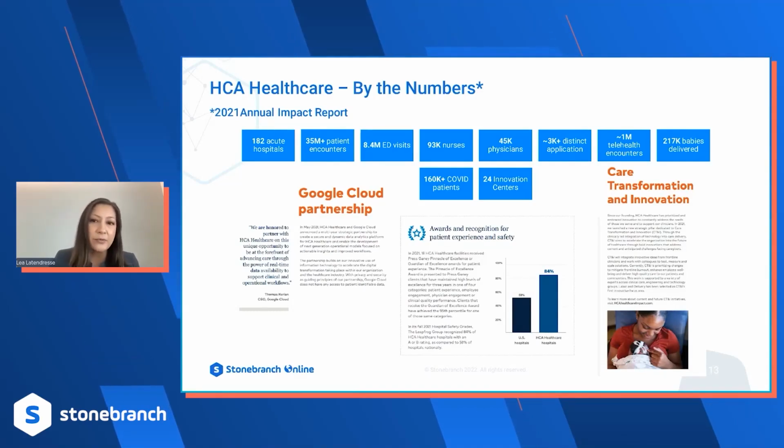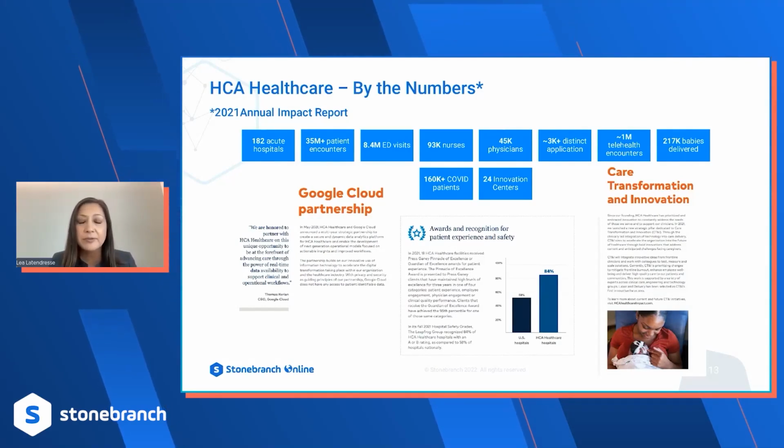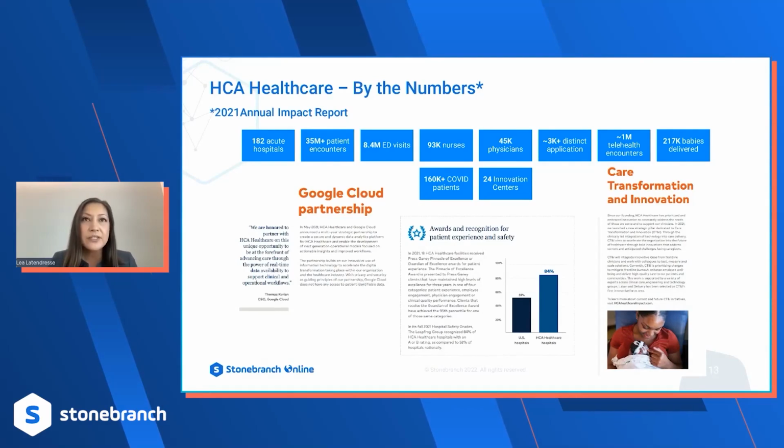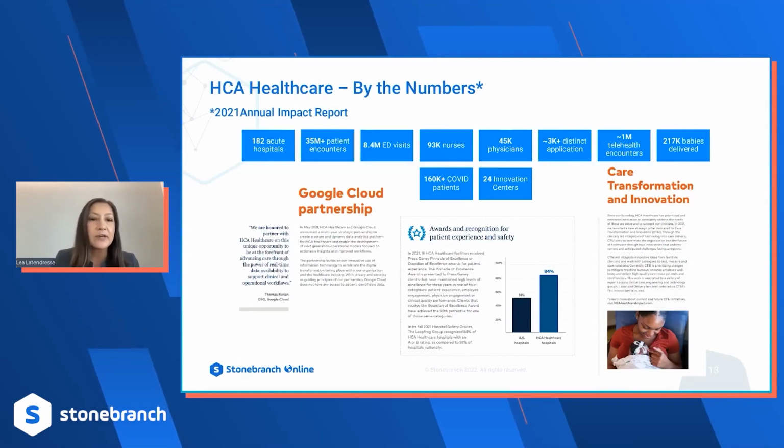Also in 2021, we had a complementary investment with our Google Cloud partnership. Here we need to realize a platform rich with features and capabilities that are going to provide our innovators, our care transformation team, with the speed and agility that they demand, that our business demands, of advanced analytics and machine learning.